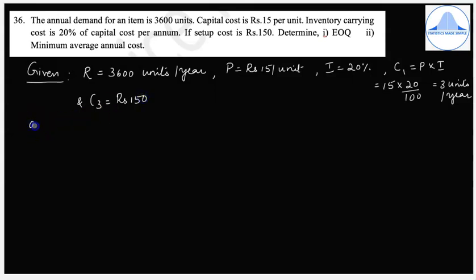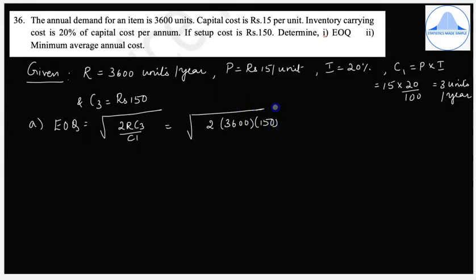So starting with the first subdivision, let us find out EOQ, that is economic order quantity. So economic order quantity formula is root of 2R C3 divided by C1, which is root of 2 into 3600 into 150 divided by 3.